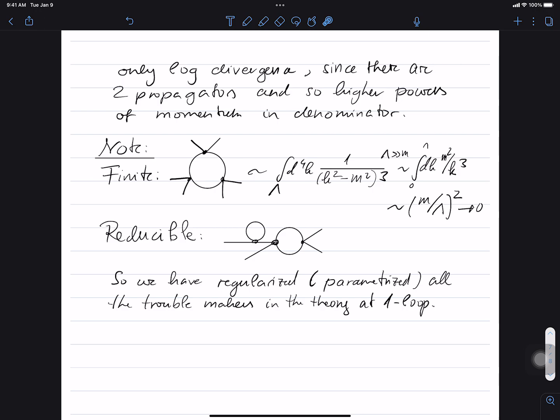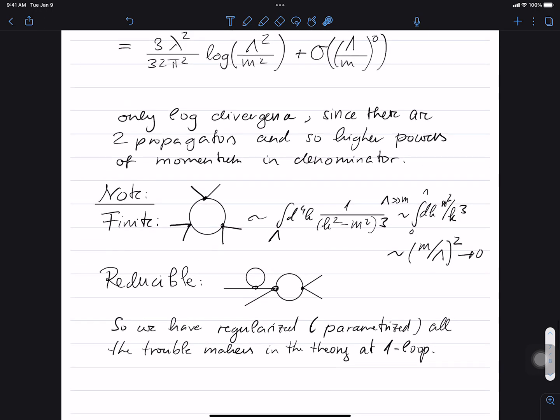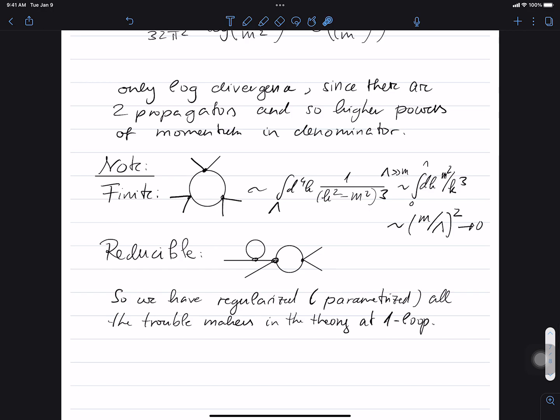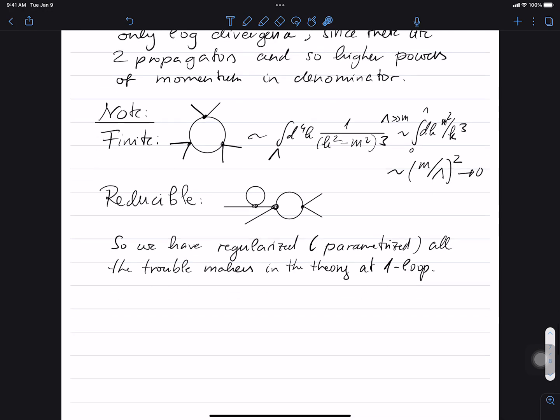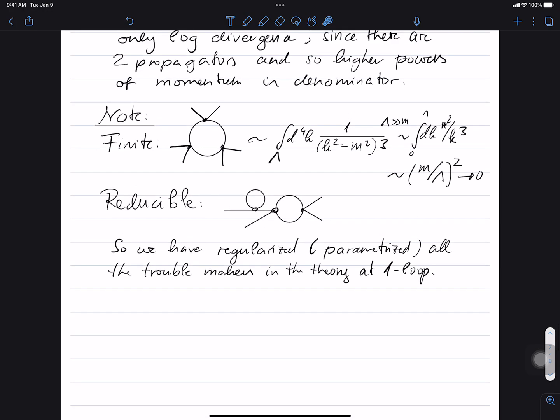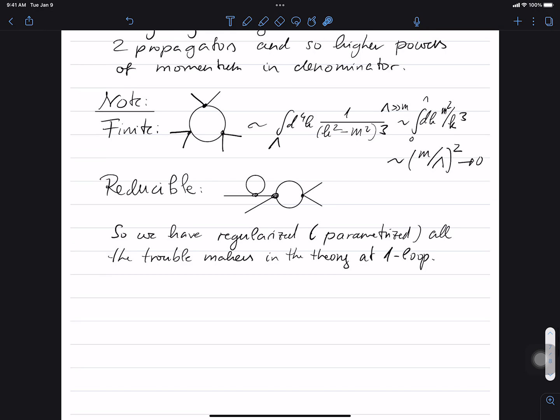So this doesn't contribute to the 2 to 2 irreducible diagrams, right? That's why the notation is one loop irreducible, that was diagrams of this type, and that's it. That was just a comment on this property of reducibility or irreducibility.